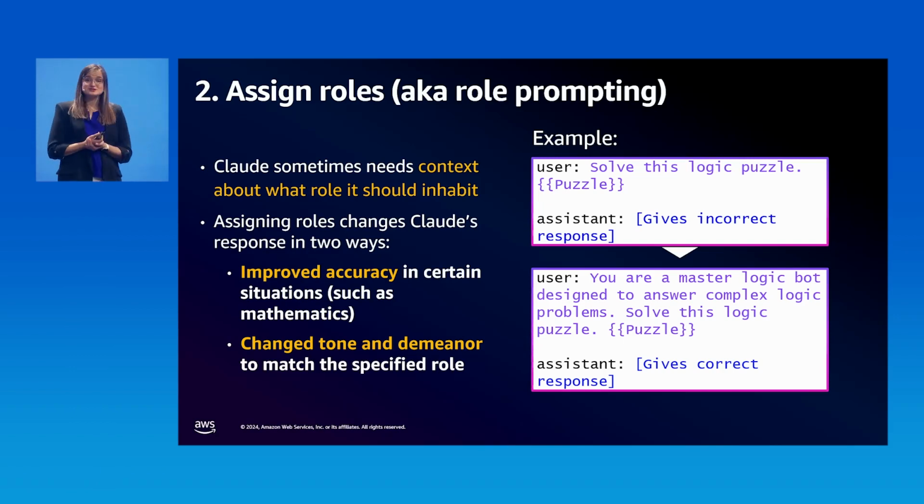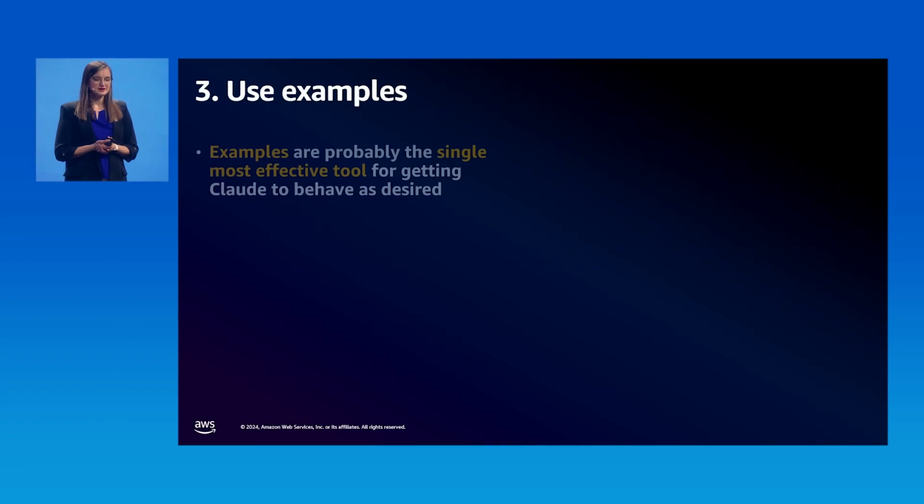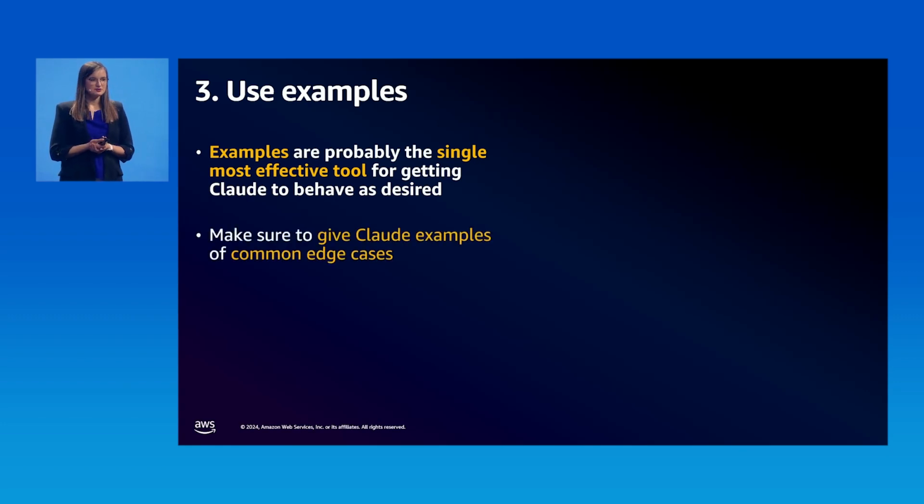Konstantin has introduced us to the concept of few-shot prompting, and in the context of Anthropic models, how this can be put into action. Well, we can use examples. And we see that examples are indeed very effective. Generally speaking, it is also very helpful to consider examples that are coming from different edge cases.